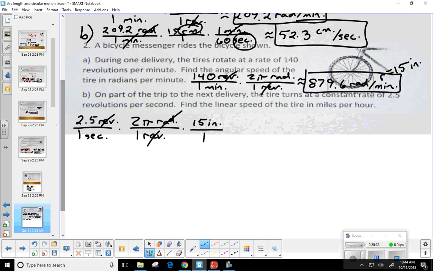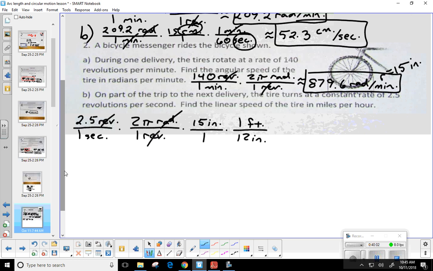So we'll just take it one at a time. Let's go ahead and start with the miles first. Again, I'm going to write everything out because I want everybody on the same page. I'm going to have to go from inches to feet, and then feet to miles. So what would be my next one if I want to go to feet? 1 foot is 12 inches.